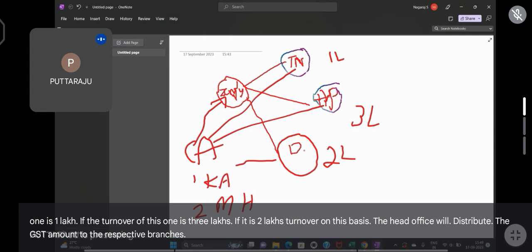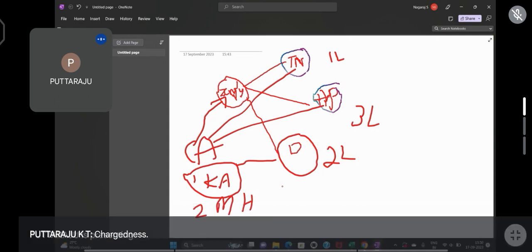This is when you have charged the GST as CGST and SGST, being it is intrastate supply.